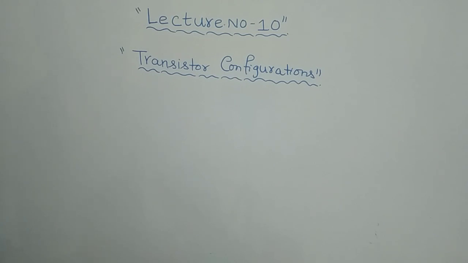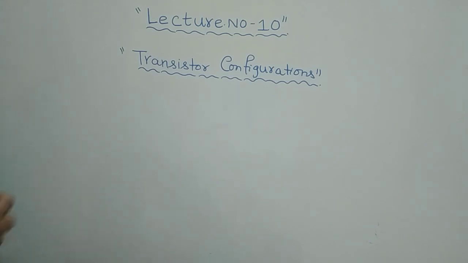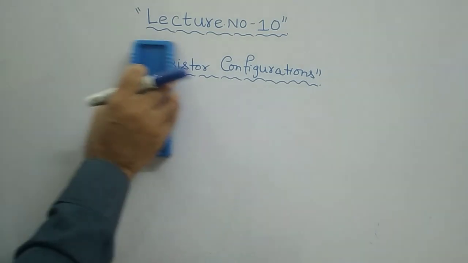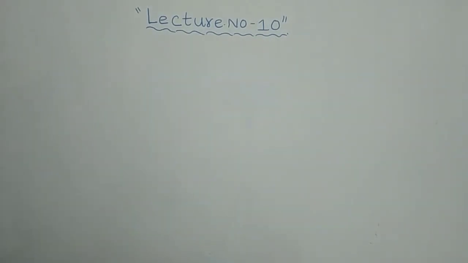As the transistor has three terminals, that is base, emitter and collector, a transistor can be operated in any one of three configurations, namely common base configuration, common emitter configuration and common collector configuration. Today in this presentation we will see the common base configuration. Let us see what a common base configuration is.